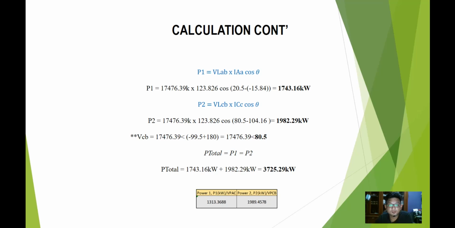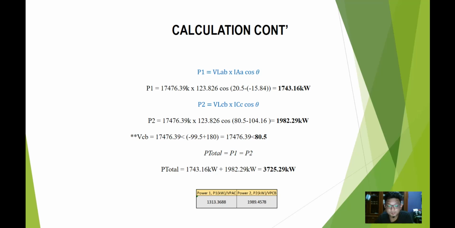Next, to calculate the power P1 and P2. So for P1, the answer is 1743.16 kilowatt, and for power 2, 1982.29 kilowatt, and for the total power, P1 plus P2, the total is 3725.29 kilowatt.